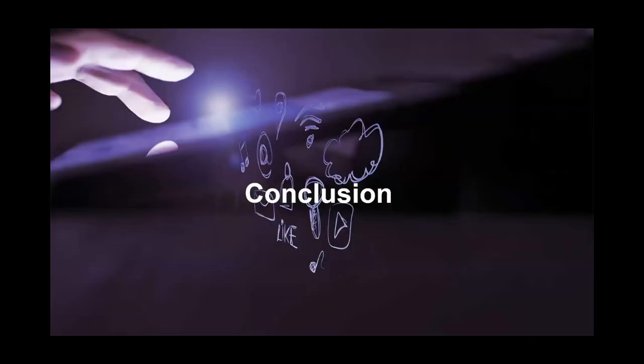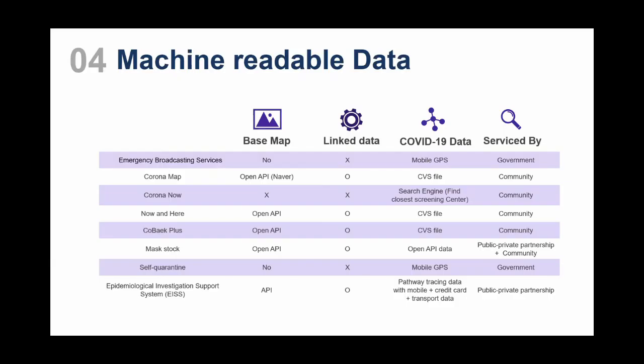So, conclusion. We have these different apps, different systems, and broadcasting services. But the most important thing is that after launching the emergency broadcasting services, the community could develop different services because we had this open data policy and the presence of different geospatial information, including the linked base API map.